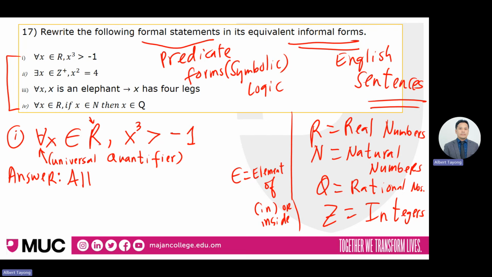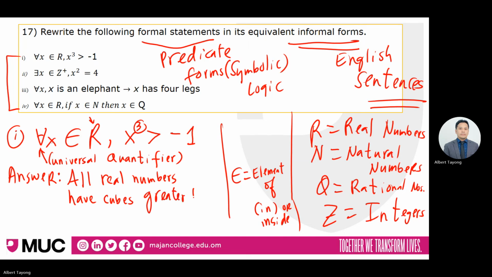Comma, x here is raised to the power of 3, greater than negative 1. It means that all real numbers have cubes, because we have 3, greater than negative 1. If it was x squared, you're going to say squares.